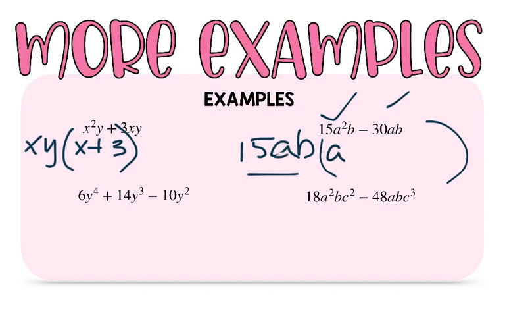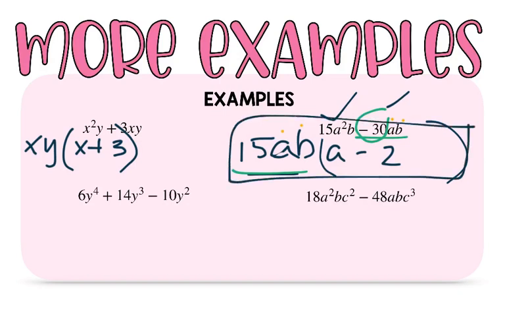Let's do the next one, which is negative 30ab divided by our GCF 15ab. Negative 30 divided by 15 is negative 2. A divided by a is 1, and b divided by b is 1. I don't need to write those in, so I don't. And so that's my final answer, actually: 15ab times parentheses a minus 2.